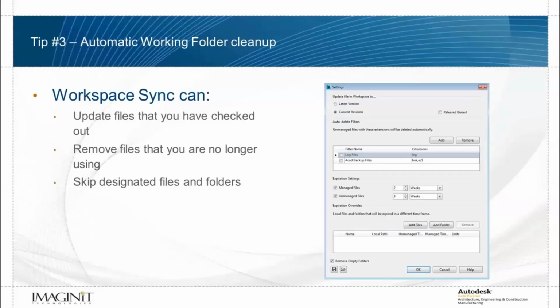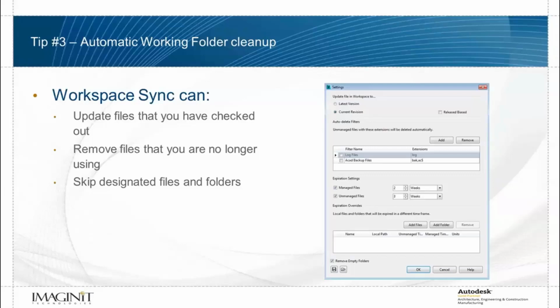What Workspace Sync allows us to do is do this automatically. And not just automatically, but in some pretty intelligent ways. Workspace Sync can update files that we have checked out. So if I currently have files checked out and there are new versions of those, it can get me the new information.